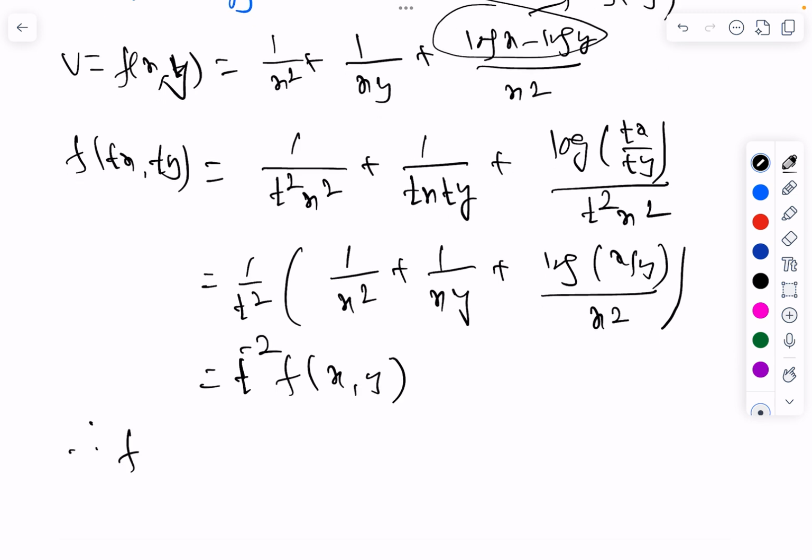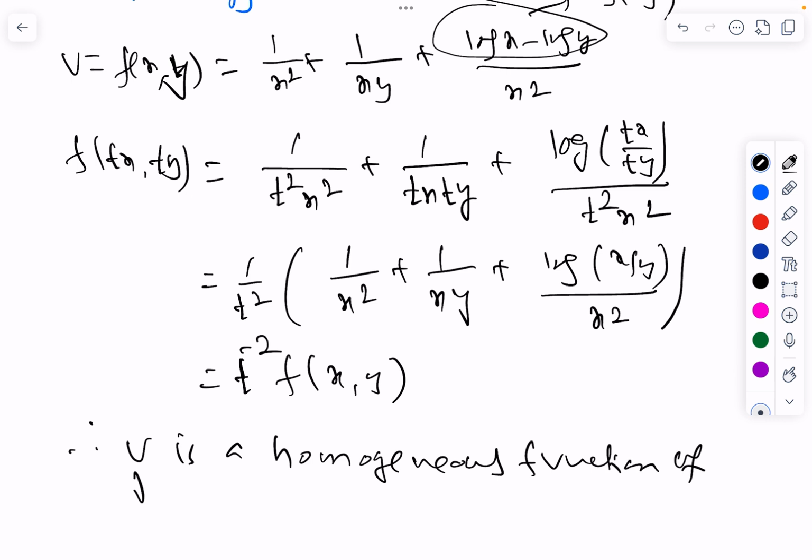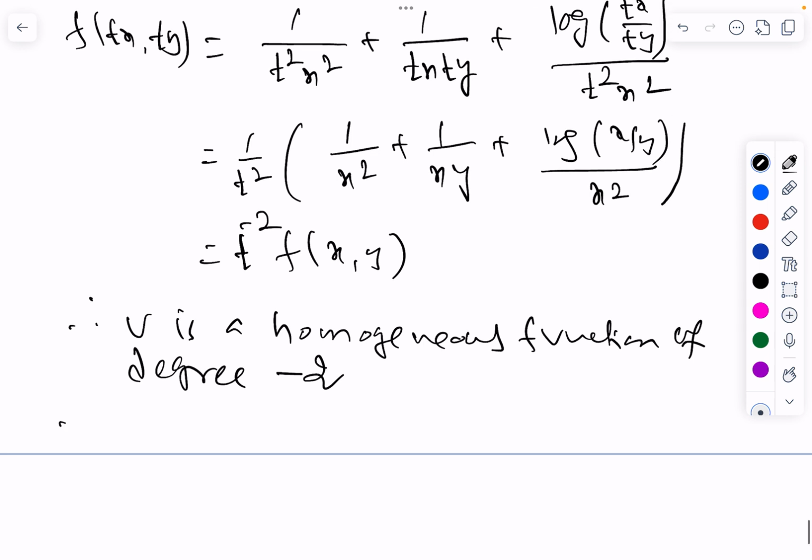And therefore, u is a homogeneous function of degree minus 2.